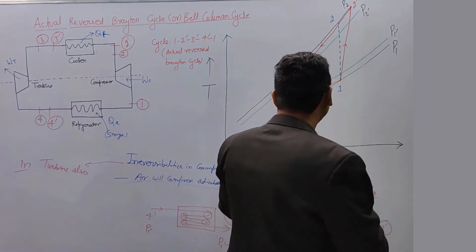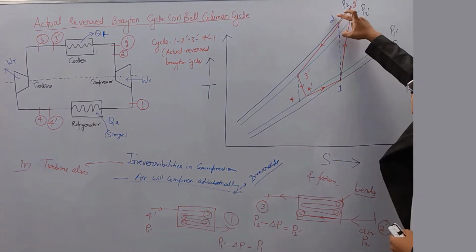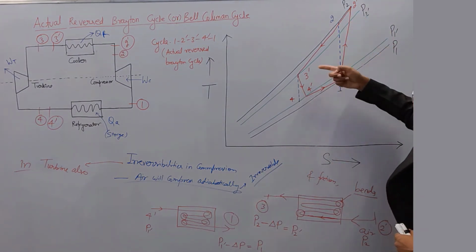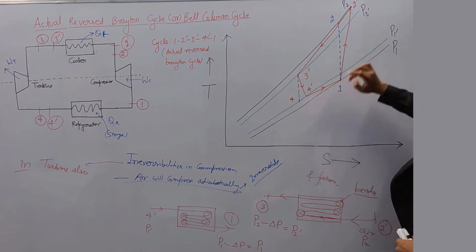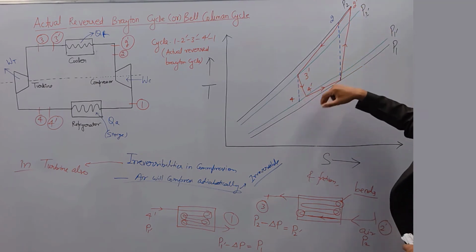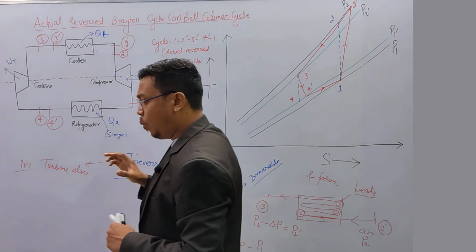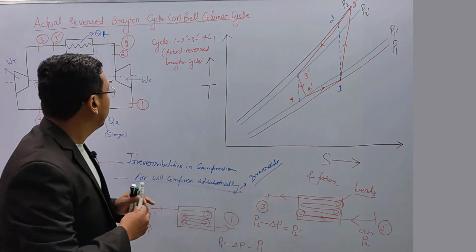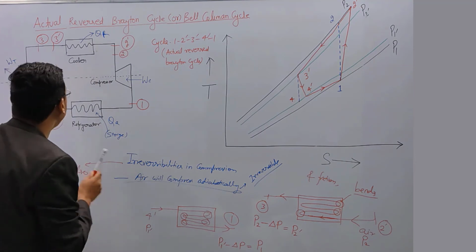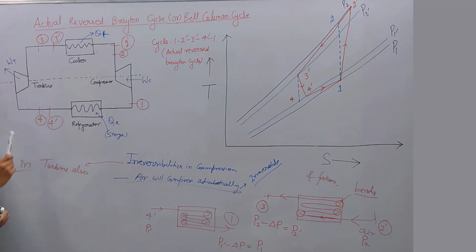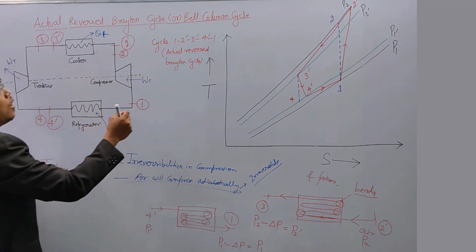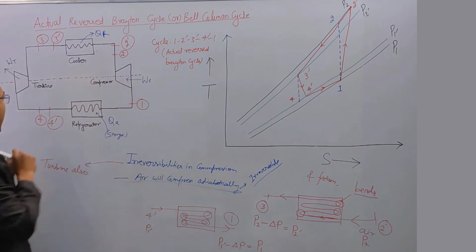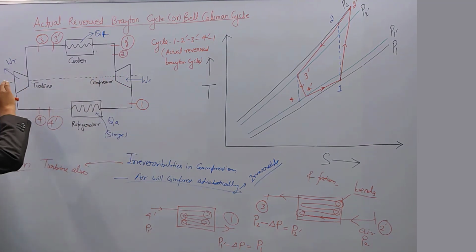Now friends, in process 1 to 2 dash and process 3 dash to 4 dash, what will be the effect on work input and what will be the effect on work output? What is the effect of irreversibilities on work input to the compressor, and what is the effect of irreversibilities on work output from the turbine?